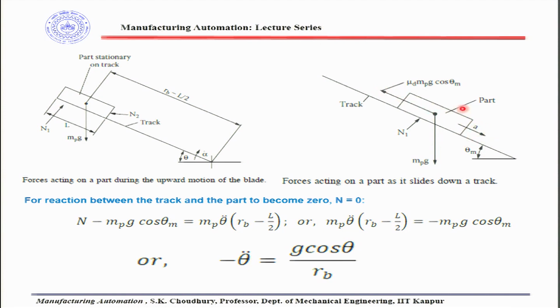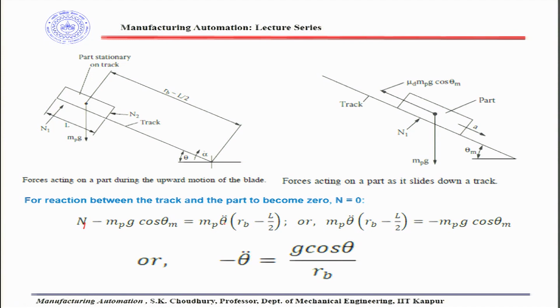In fact, the reaction between the track and the part should become 0, for example. So we say that N1 has to be equal to 0. For N1 to be 0, let us write down the equation first: N1 minus mp g cos theta, which is acting in this direction, is equal to mp times the acceleration. This is Newton's law.